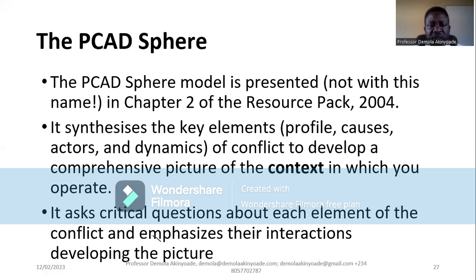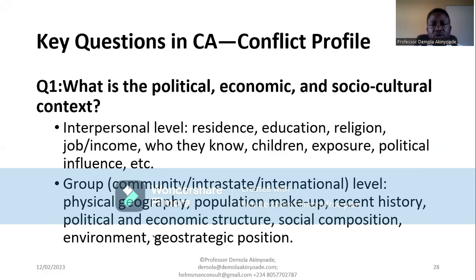It asks critical questions and tries to collect information about each of these elements. So how does it do it? First, it wants to gather information about conflict profile. So the question is, what is the political, economic, and socio-cultural context?